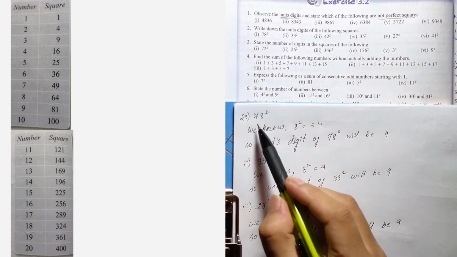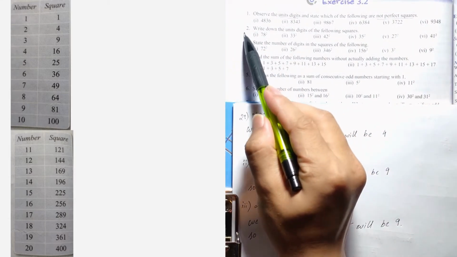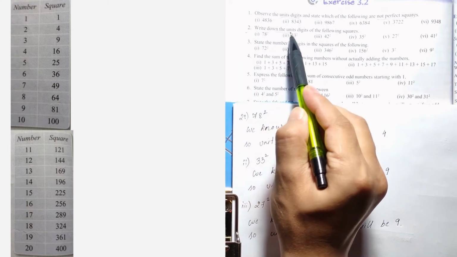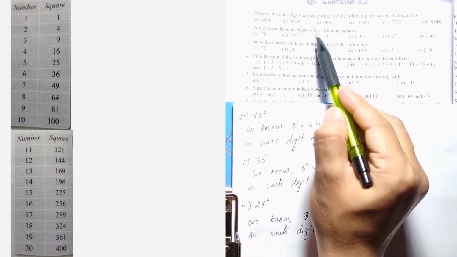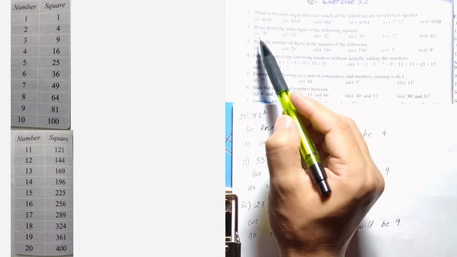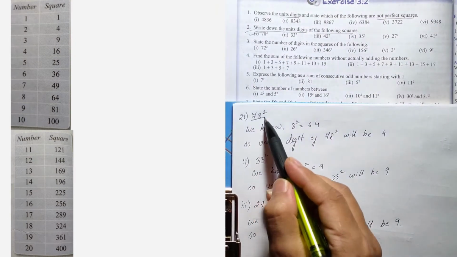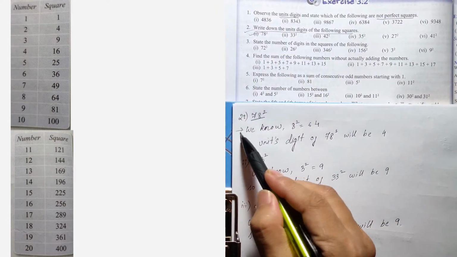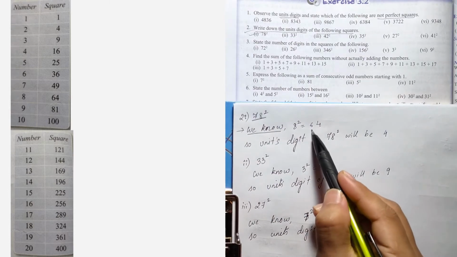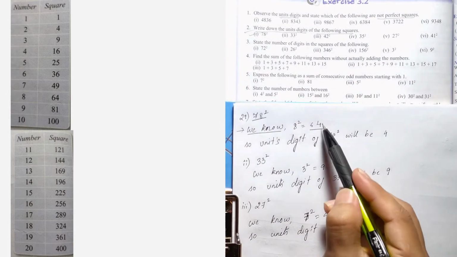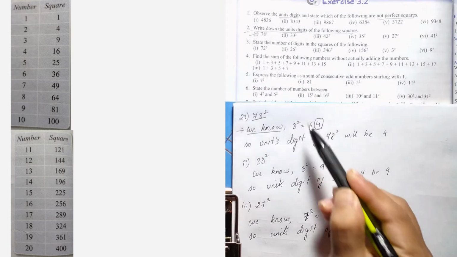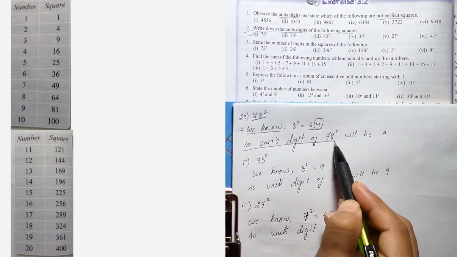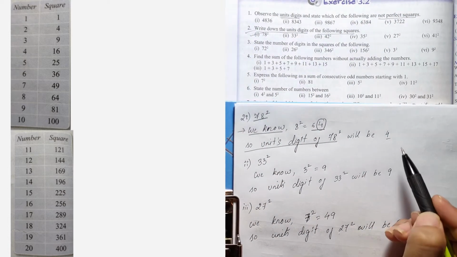Let us look at one more type of question. Here they are asking us to write down the units digit of the following squares. So let's do number 1, 78 square. Now we know 8 square is equal to 64. So the units digit must be 4. So the units digit of 78 square will be 4.